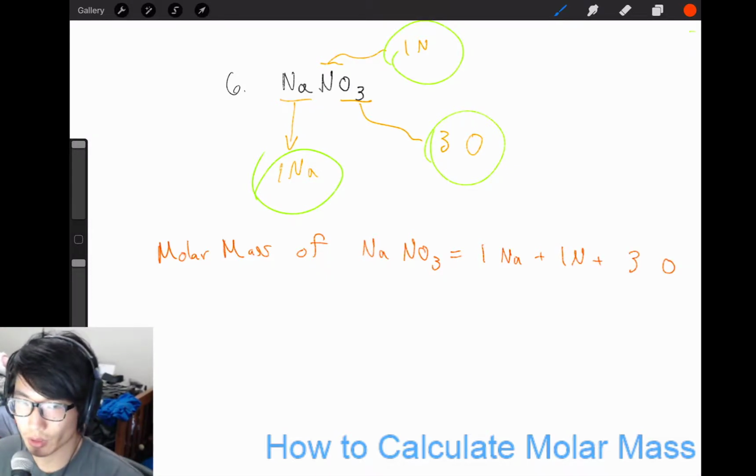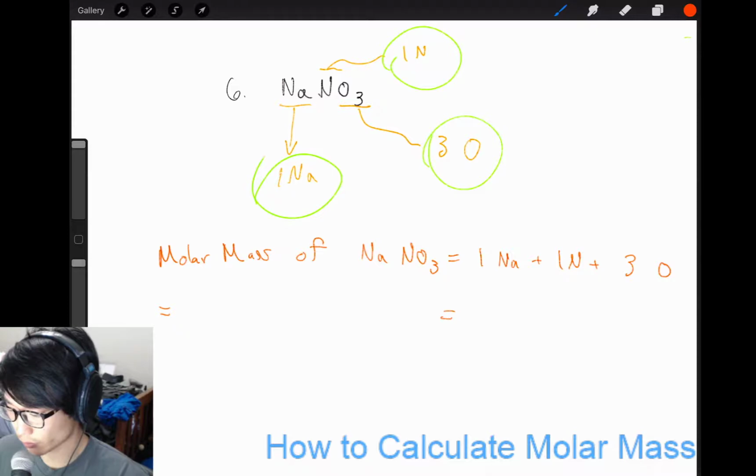We have to consult a periodic table to find out what all of those masses are. But I'm just going to write down right now that this is going to be 1 times whatever that is, plus 1 times whatever that is, plus 3 times.